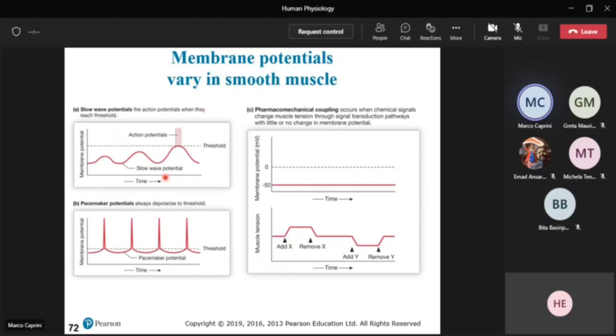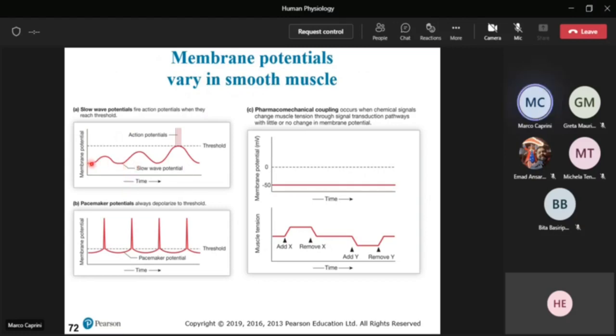As I told you before, the membrane potentials in smooth muscle are quite different, okay?